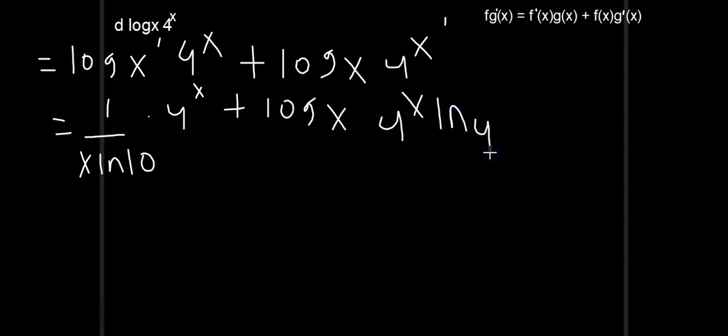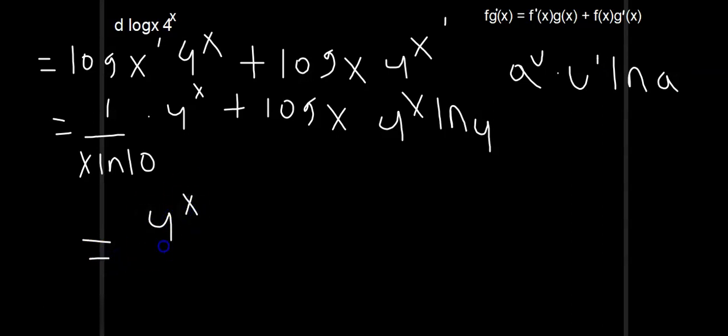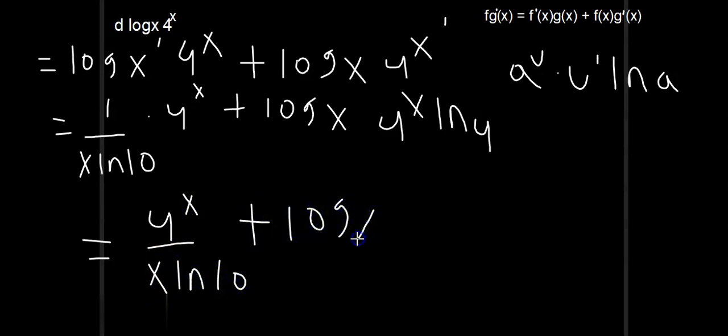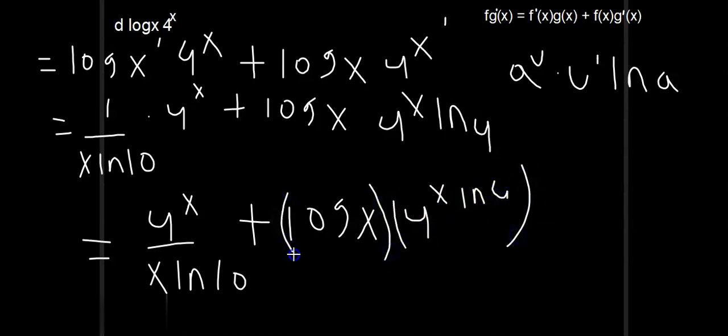The formula for this is a to the u, whose derivative is a to the u times u derivative times ln a. That's how I get this value. So my last answer will be, when you multiply this whole thing, 4 to the x over x ln 10 plus log x times 4 to the x ln 4. This will be your last answer.